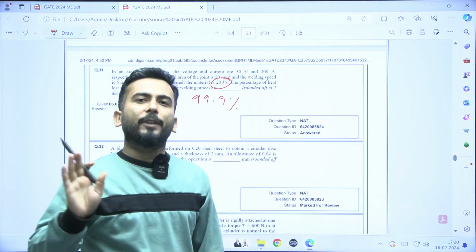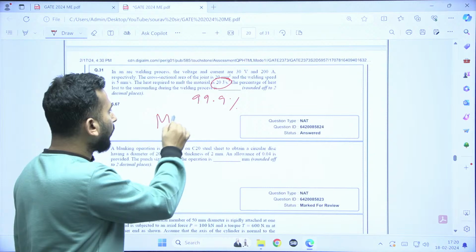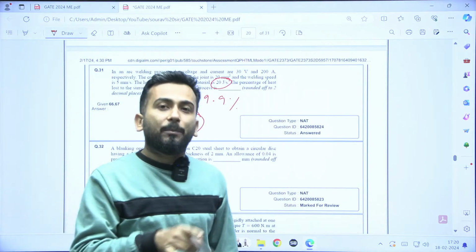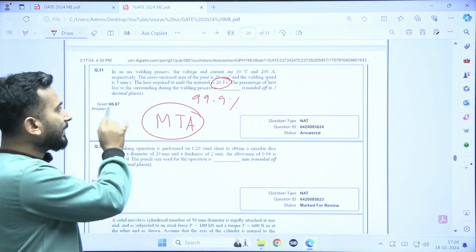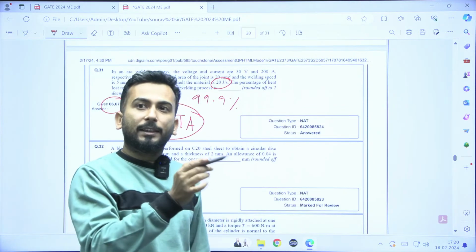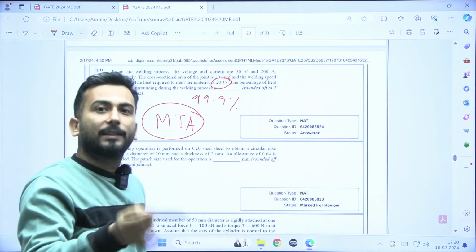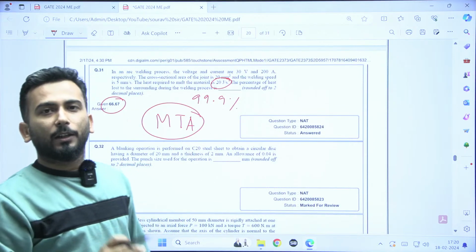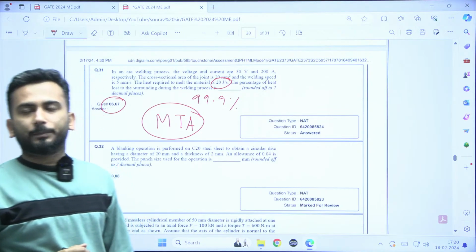But I strongly feel that this is where the MTA can be awarded to all, right? Even if you have given 66%, as one of the students has given, 66.66 will be the answer key, but I think it should be the MTA. So this is one controversial question that has come.